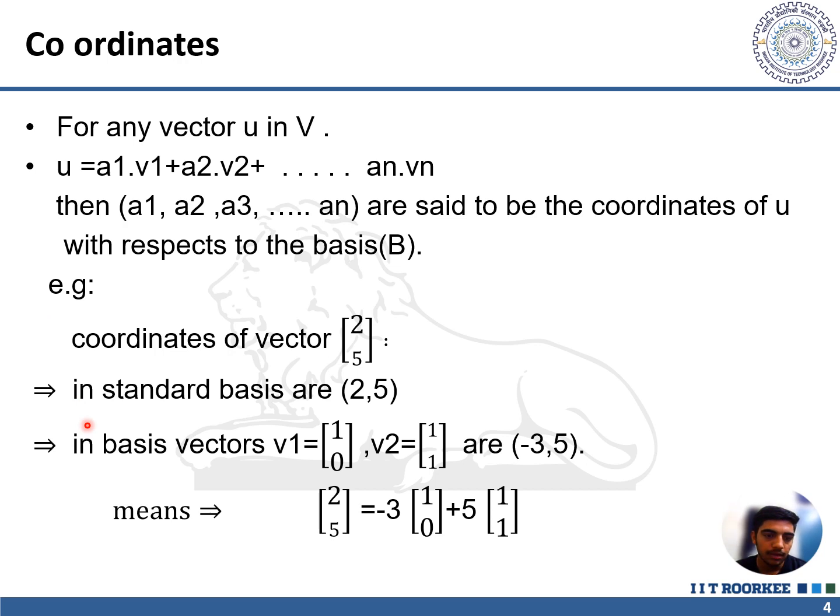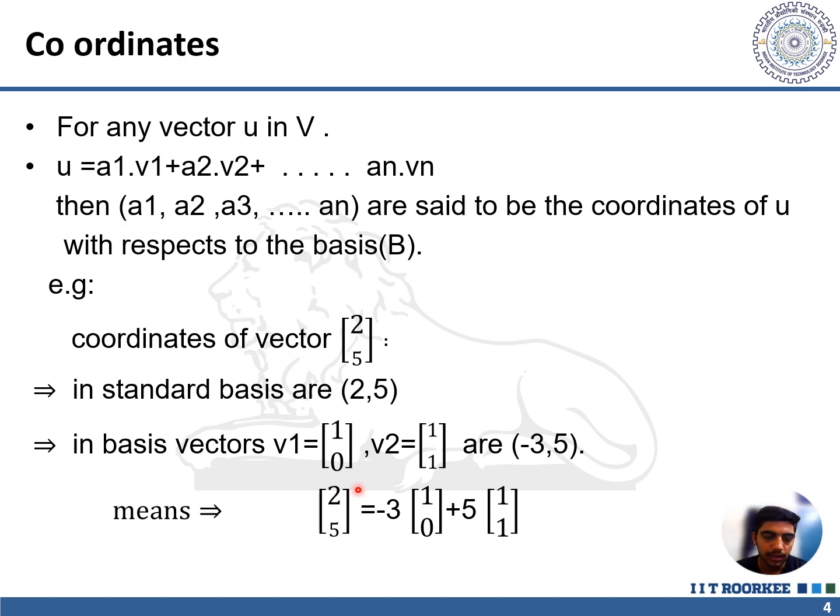And for example, if we do not take the standard basis, and let us take v1 equal to (1, 0) and (1, 1) as the basis vectors, then we will find that (-3, 5) is the coordinate of this vector.